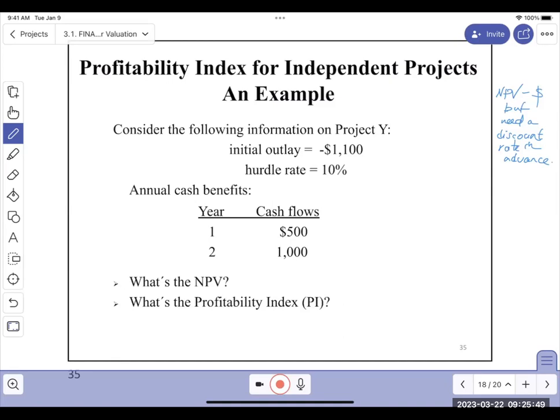So we have other approaches. The measure that doesn't require the discount rate is the payback period. The payback period gives you the number of years or duration or time to recover the investment.